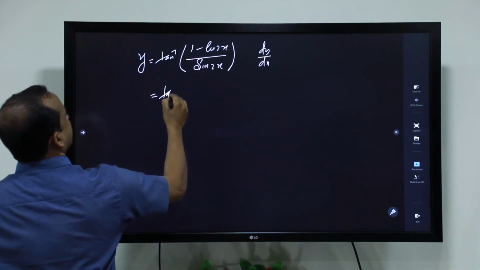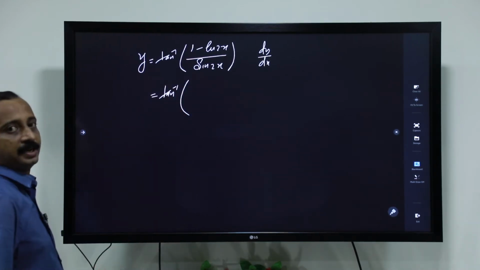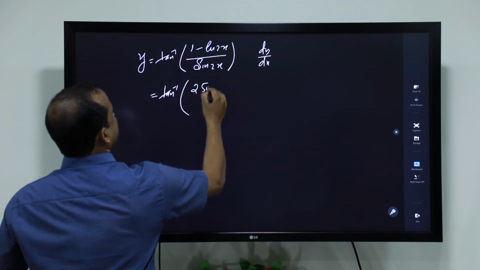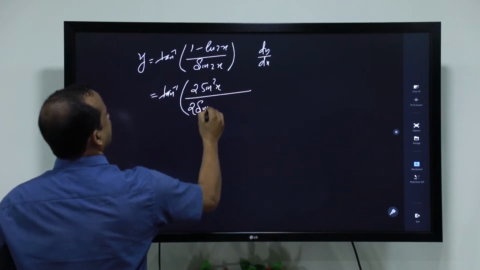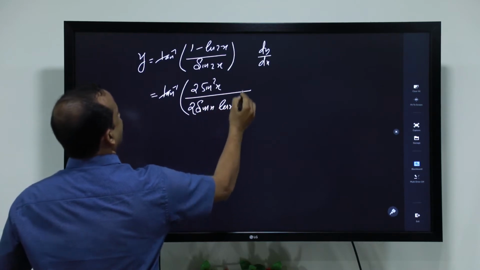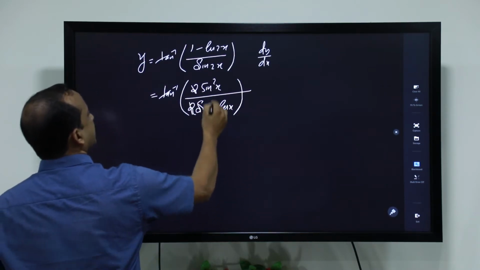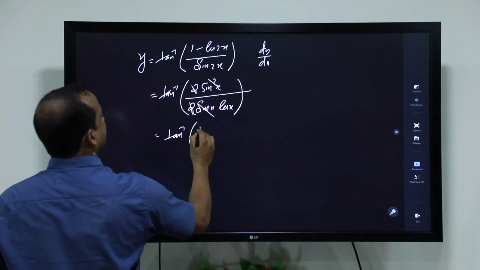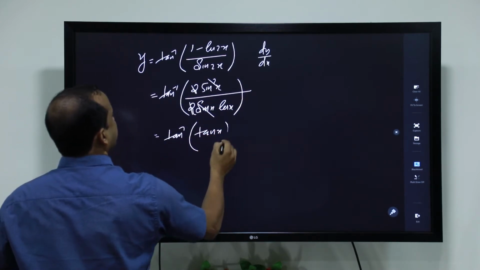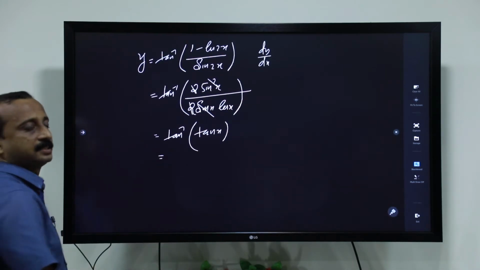That is tan inverse of 1 minus cos 2x, which is 2 sin square x, divided by sin 2x, which is 2 sin x cos x. Here 2 cancels, sin cancels. We get tan inverse of sin by cos, which is tan x. Tan inverse of tan x is x.